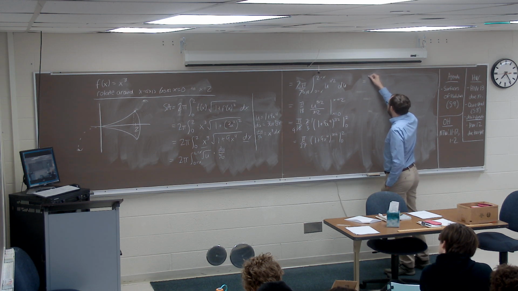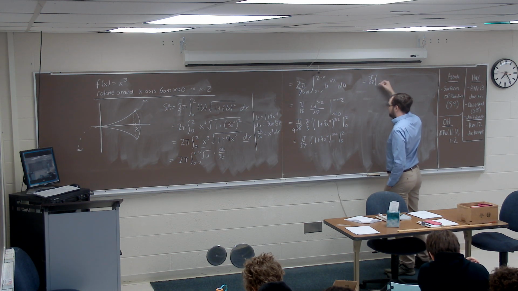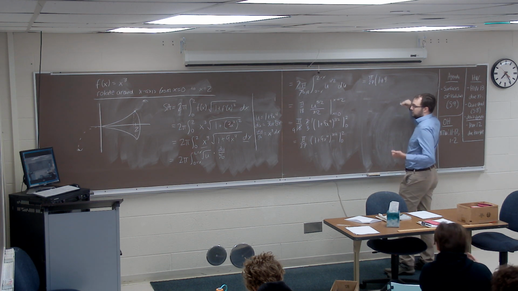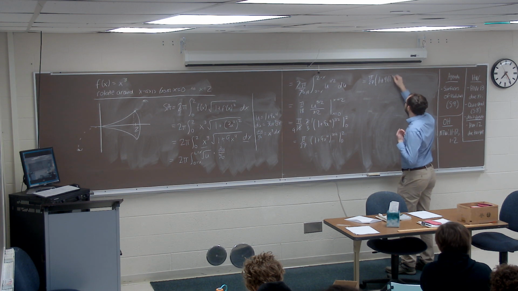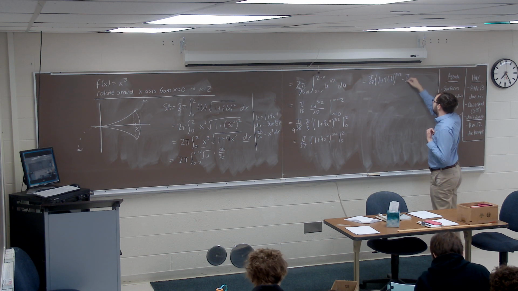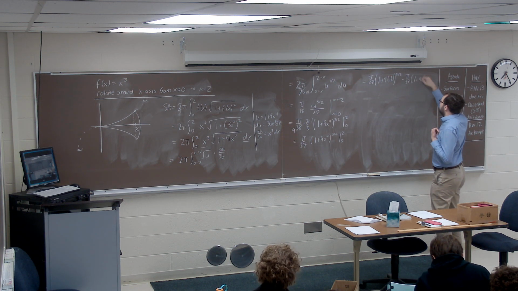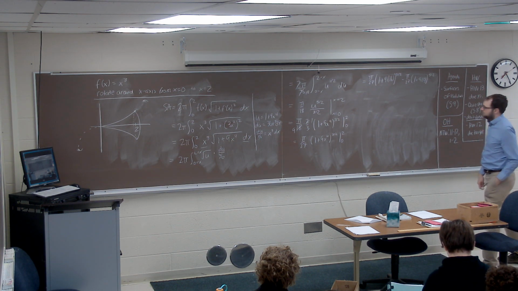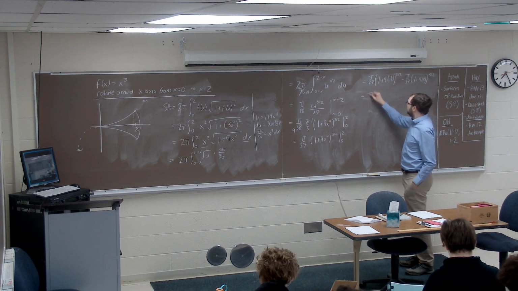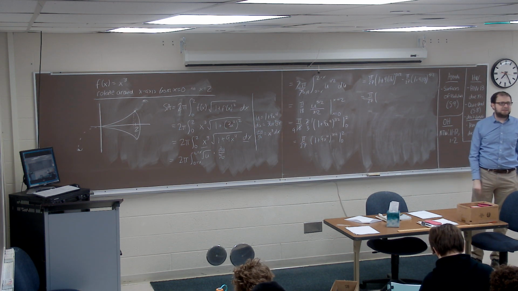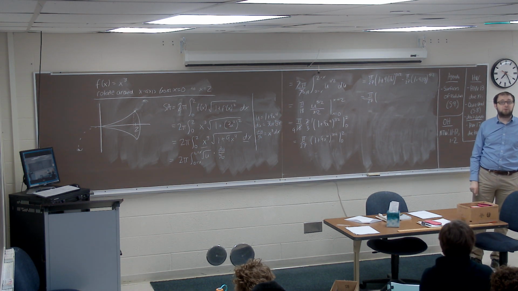Okay, so if we plug in 2, we'll get pi over 27 times 1 plus 9 times, what's 2 to the 4th? 2, 4, 8, 16. To the 3/2 minus pi over 27 times 1 plus 9 times, well, 0 to the 4th, which is 0, to the 3/2. 16 times 9 is 90 plus 54, that's 144.